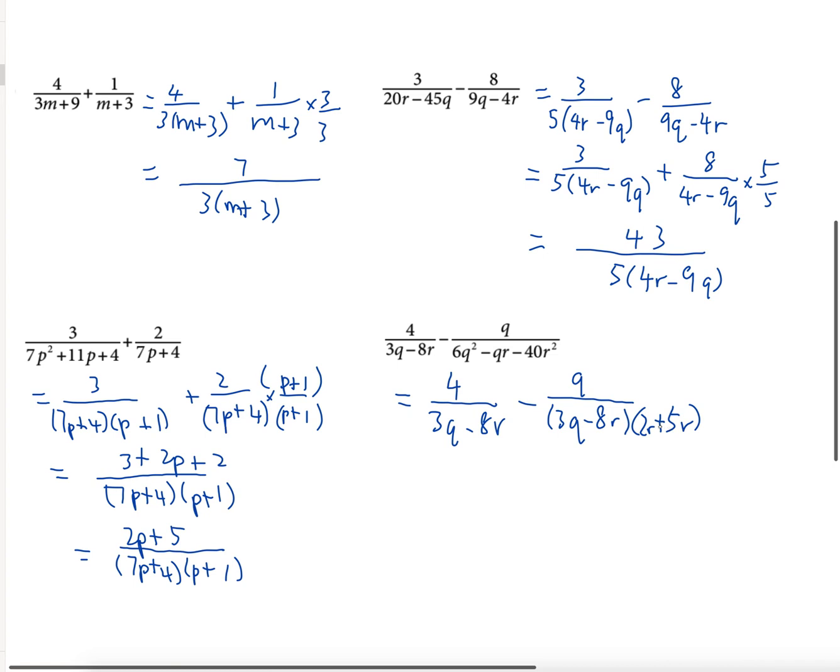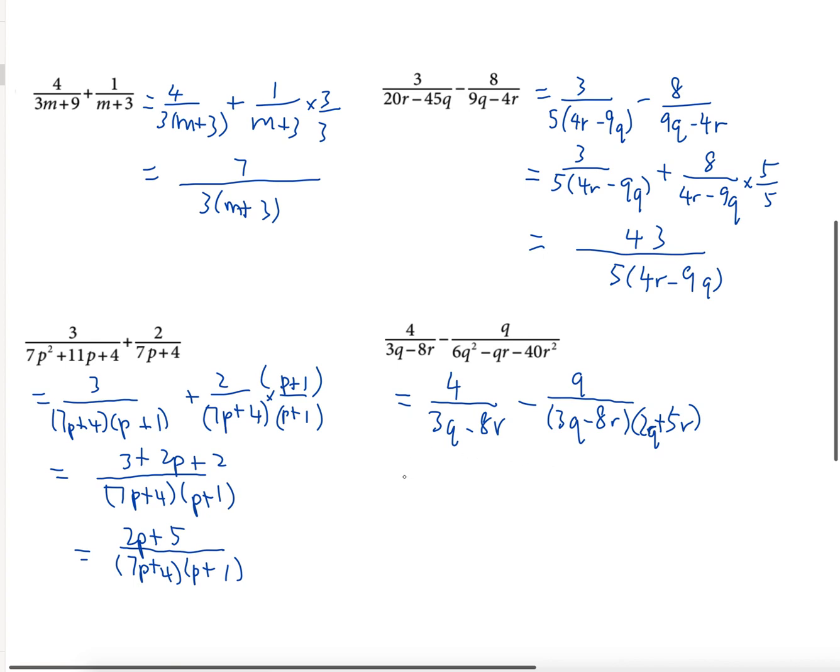Negative times positive. Check the middle term. This is negative 16qr. Now, sorry, this is a mistake. This must be a q. Negative 16qr plus 15qr will give us negative qr.